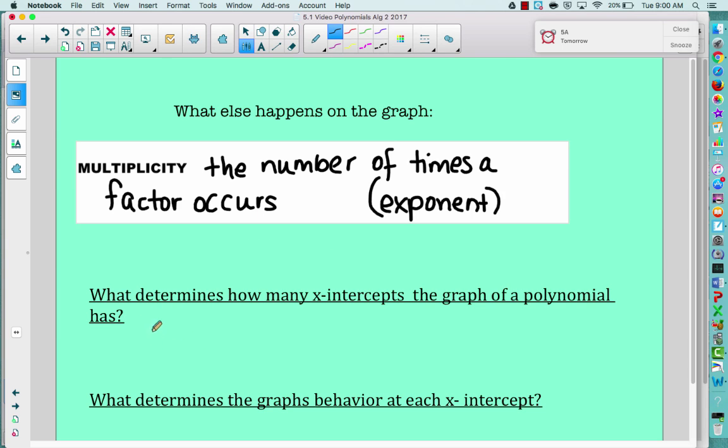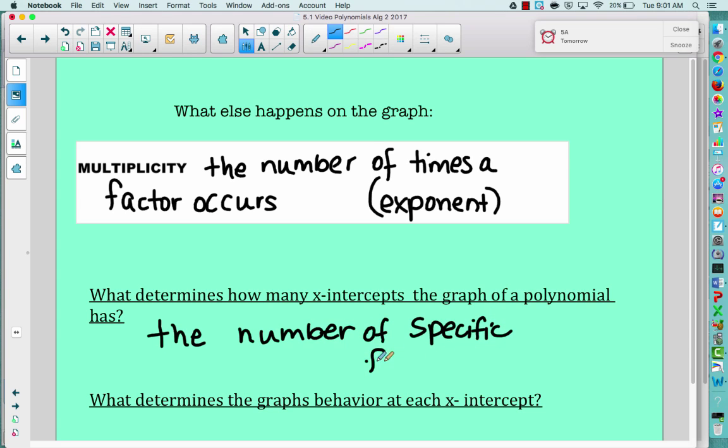And what determines how many x-intercepts the graph of a polynomial has is the number of specific factors. What determines the graph's behavior at each x-intercept?